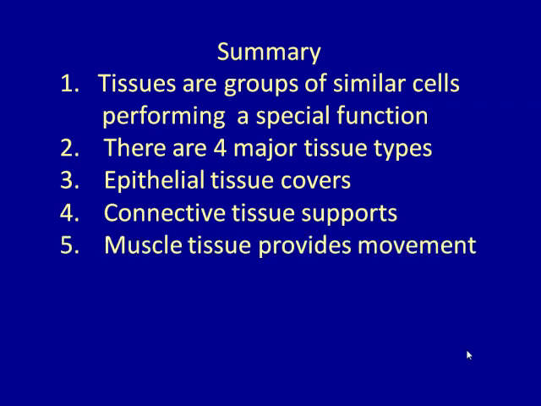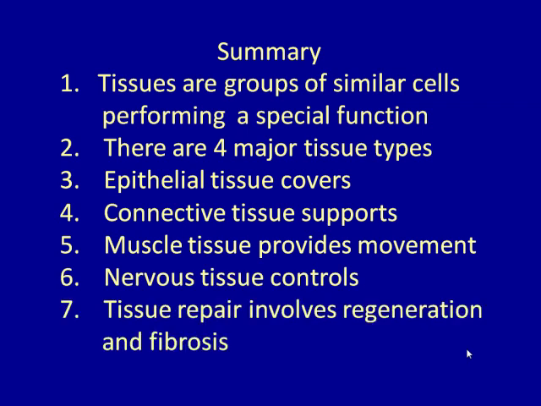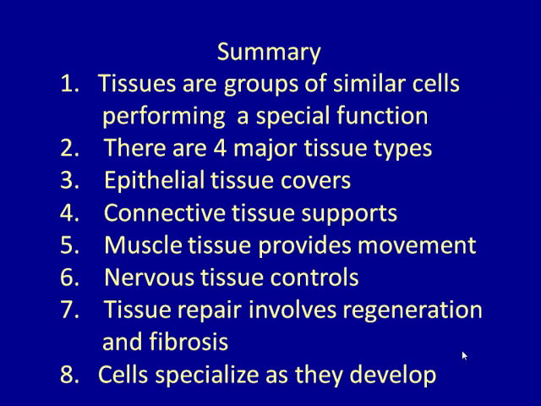Muscle tissue provides for movement, and nervous tissue provides for control of the body. Tissue repair will involve either regeneration of the tissue or fibrosis. With regeneration, you get fully functional tissue back. With fibrosis, you get scar tissue. As cells develop, they specialize. If they despecialize or transform, this is when you can get a cancer cell.